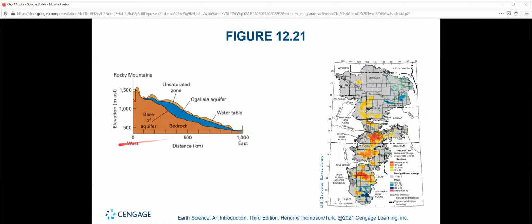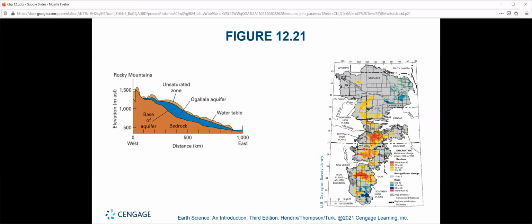You have a west to east. So this picture here is going west to east, like this, just so you can kind of gather. It does not look like this is an actual line. No, it's not. Okay.